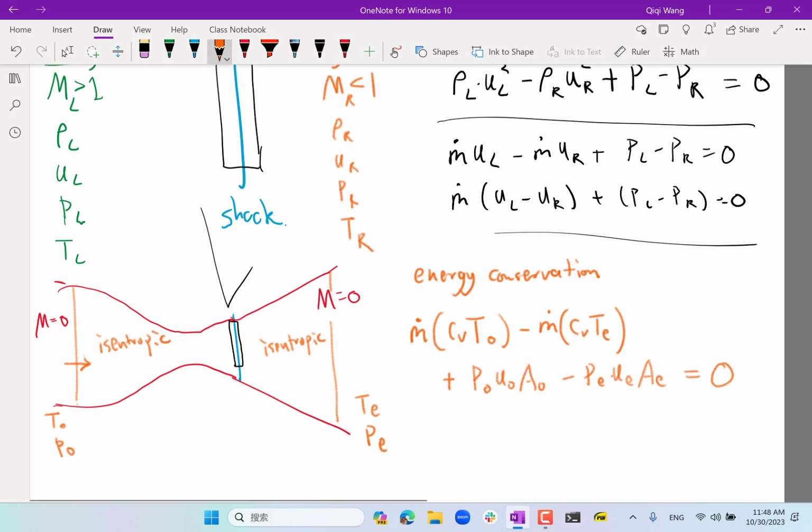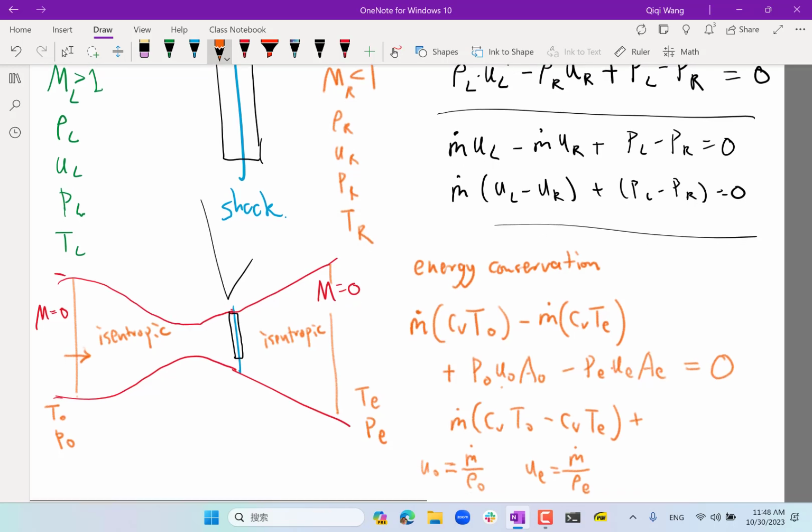Okay, and let's rewrite this term as m dot times Cv T0 minus Cv TE, and let's rewrite this U0 as m dot divided by rho 0 and UE as m dot divided by rho E, right? One second, I think there is also a divide by A0.